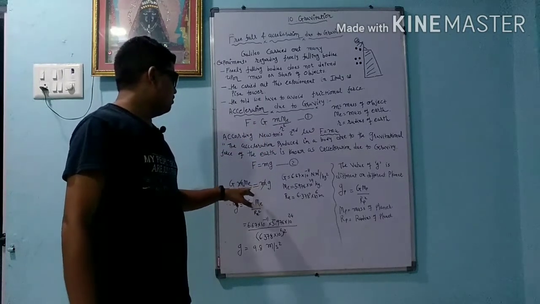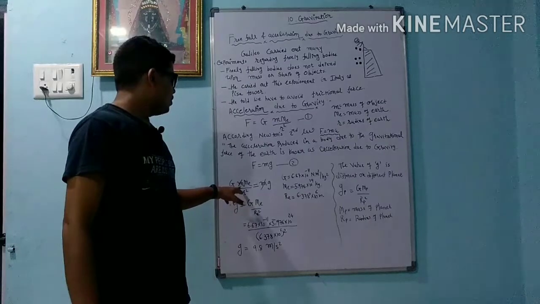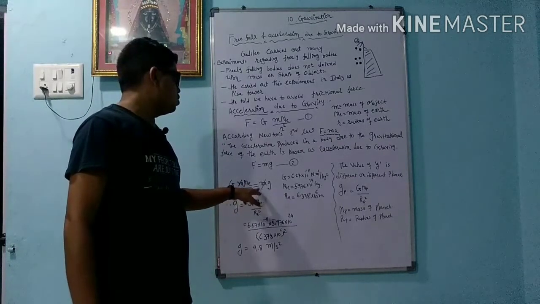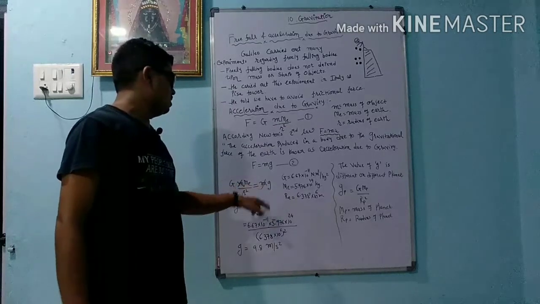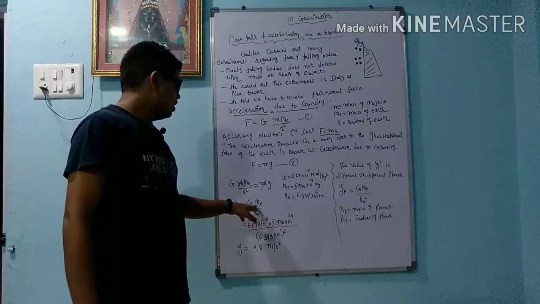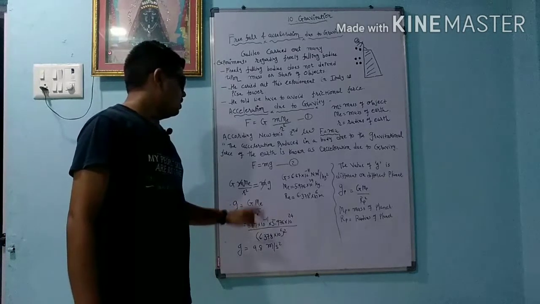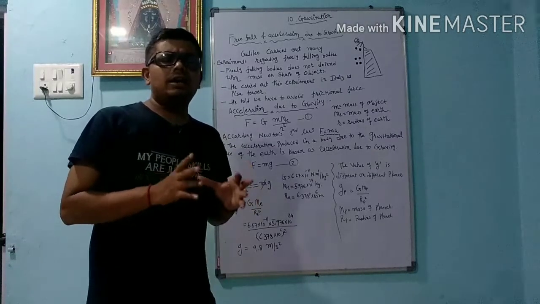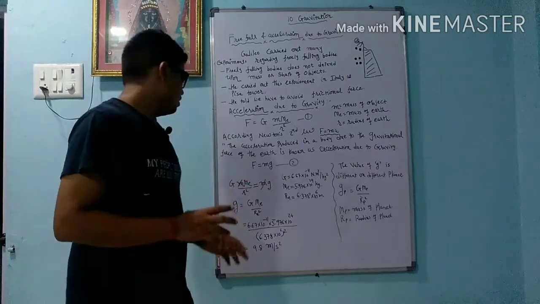By comparing them we get capital G small m into capital ME upon Re square equals mg. So m is cancelled. We can write small g equals capital G into ME upon Re square. Dear students, you know that ME is the mass of earth and Re is the radius of earth.